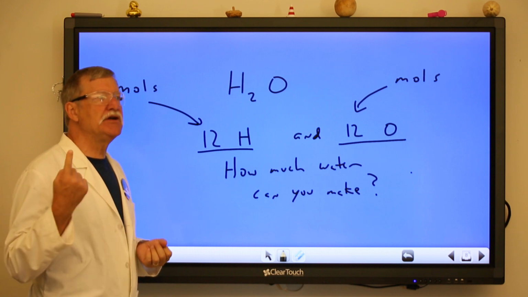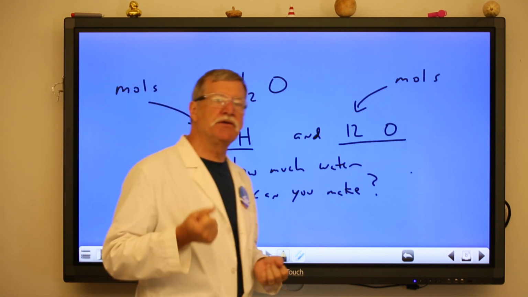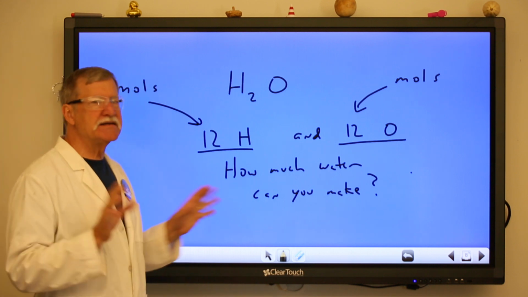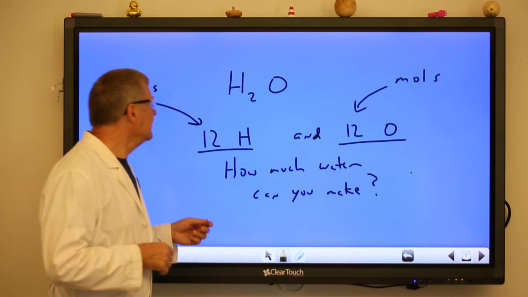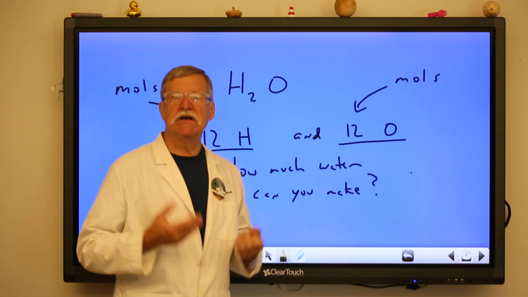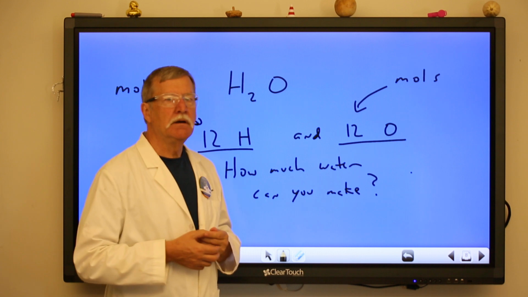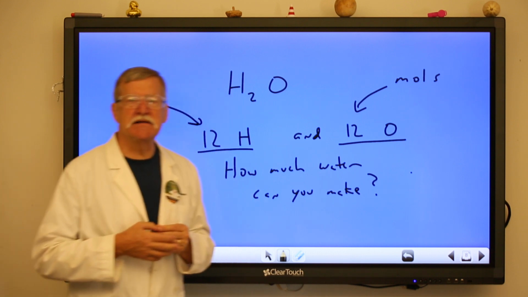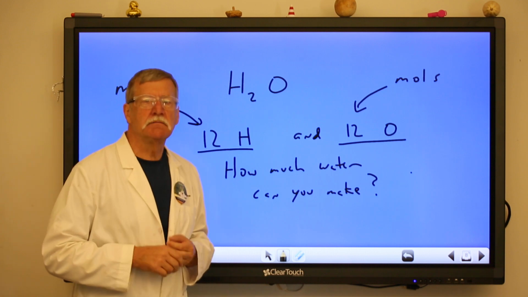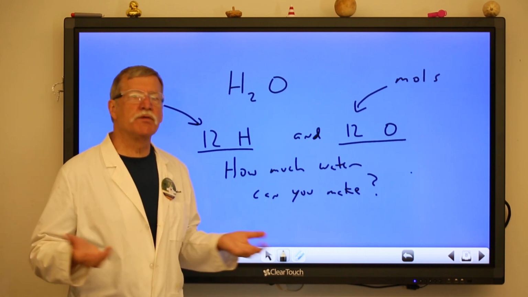And each mole is also equivalent to the atomic mass of that element. So you know exactly what you're dealing with here. So I've got 12 moles of hydrogen and 12 moles of oxygen, an equal amount. The question your POGIL is going to ask is how much water can you make? Can you make 24 moles of water?